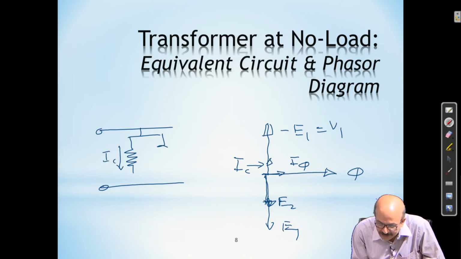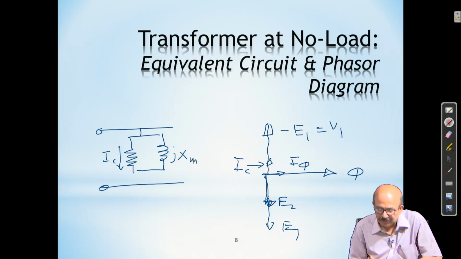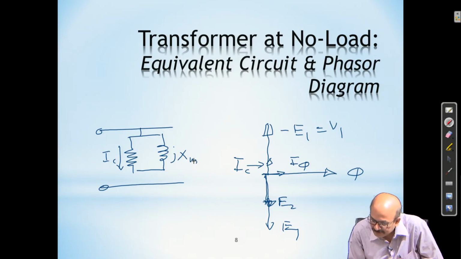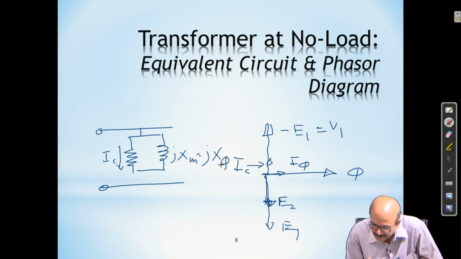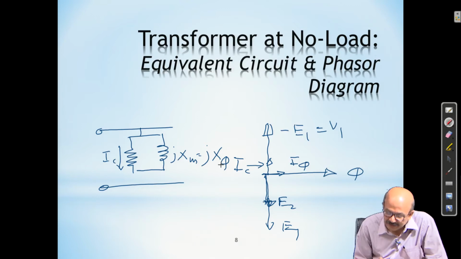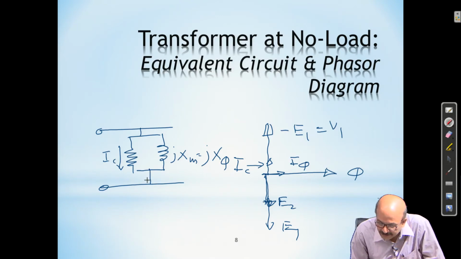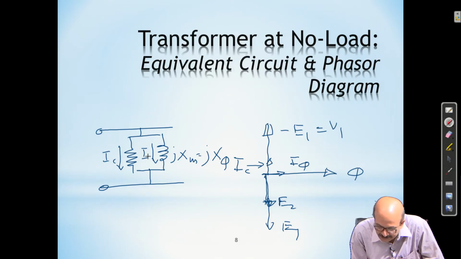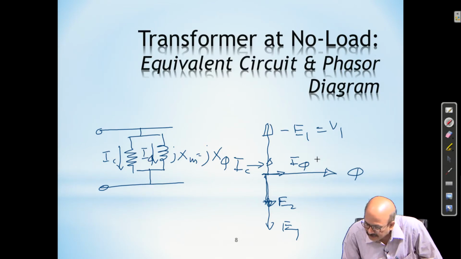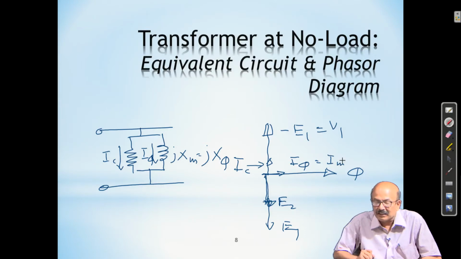You need another inductance, say jX phi, sometimes Xm, they are the same. Sometimes I will use X phi, sometimes Xm. Through this you will have the flux producing current I phi, and sometimes I will write Im, the magnetizing current, I phi or Im.